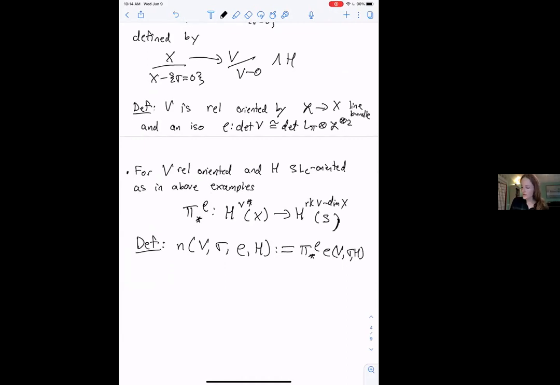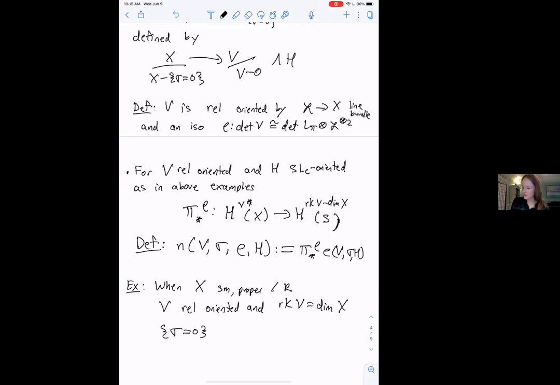Okay, so this is an enumerative quantity in, for example, the following case. So when X is smooth and proper over our field K, V is relatively oriented, and the rank of V is the dimension of X. And let's suppose for simplicity that sigma equals 0 over K, that K is a tall.